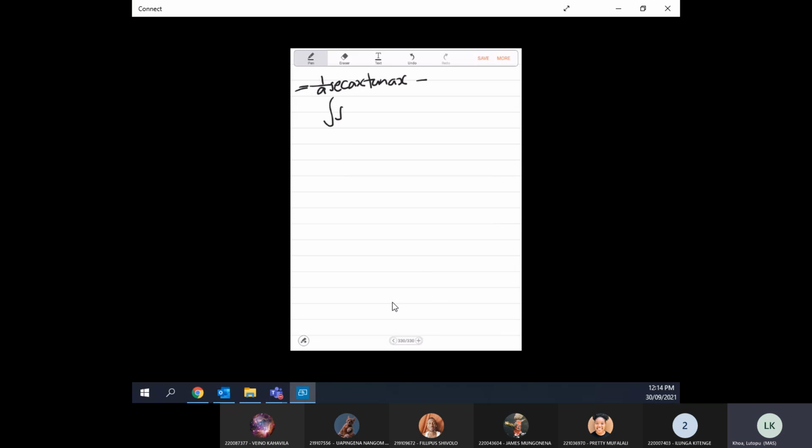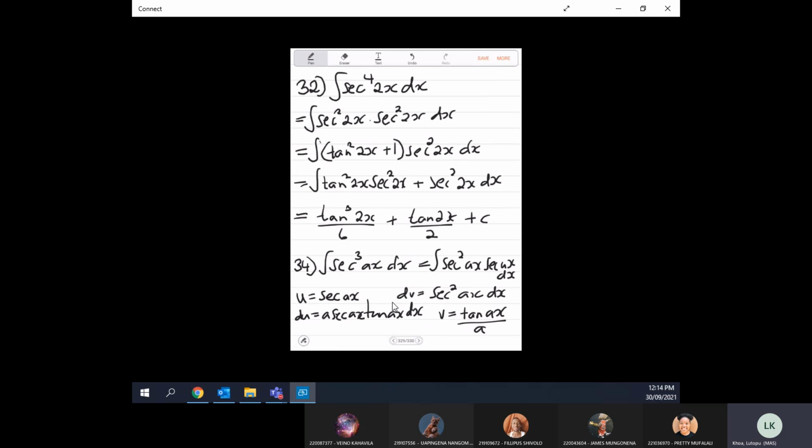That's the integral of sec cubed ax, actually, multiplied by... what am I doing now? Let me just see what I did.